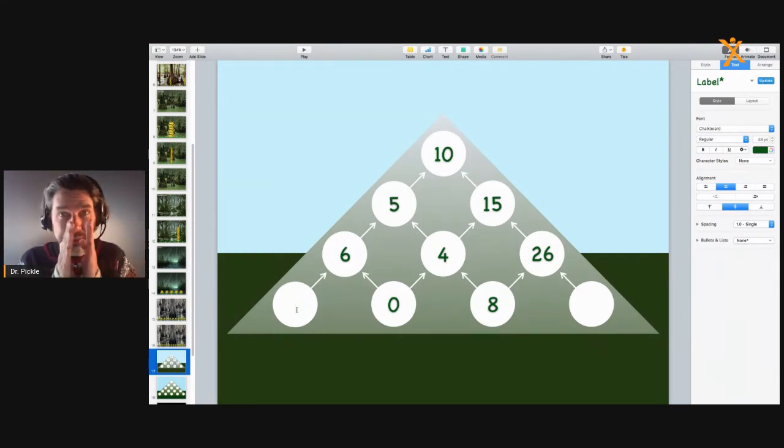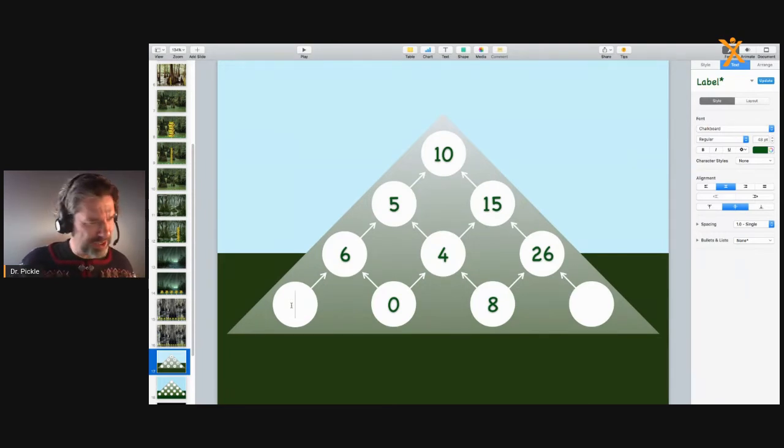It's right in the middle. So 15 minus 4 is the same as 26 minus 15. That's another way to think about it if you want to do subtraction. You can also say that it's an average. For those of you who know the word average, the circle at the top is the average of the two circles underneath.